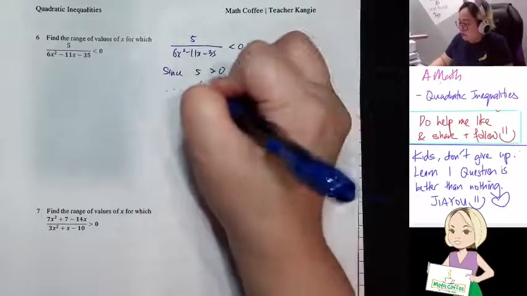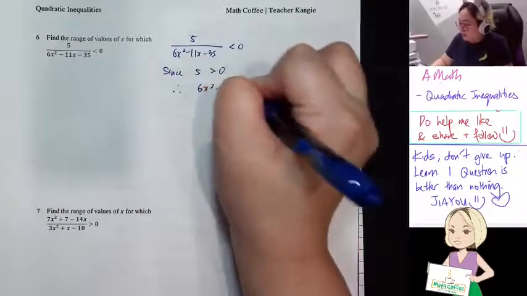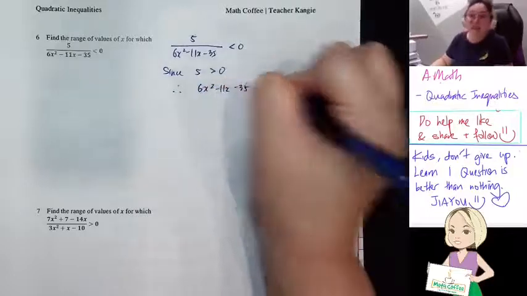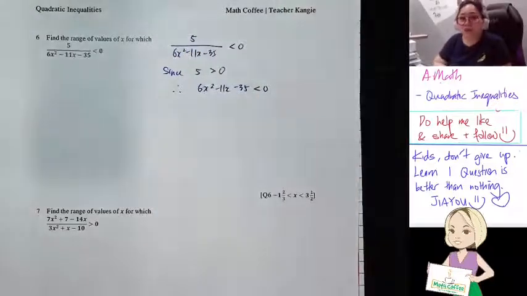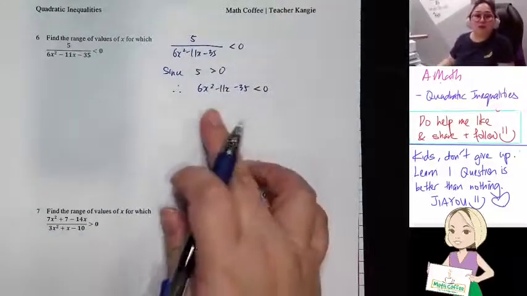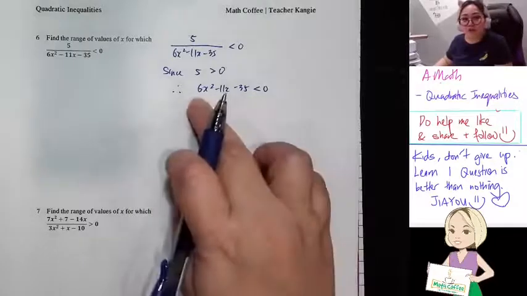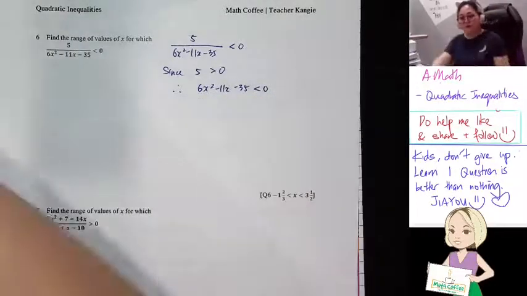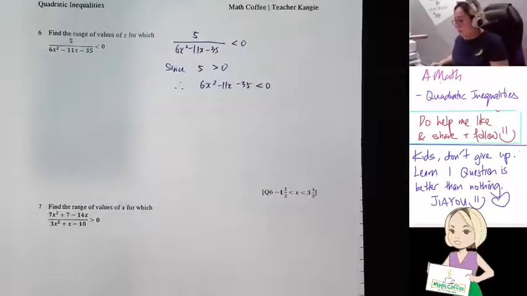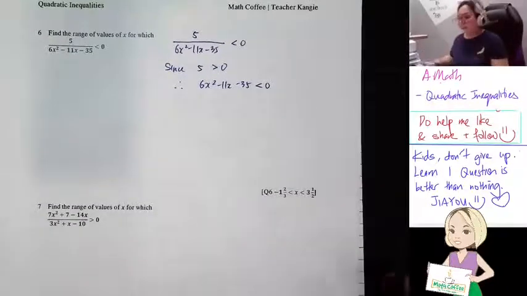So therefore, my 6x squared minus 11x minus 35 must be less than 0. Then the whole thing will be less than 0. Agree? So in other words, I only need to focus on finding the x range that fulfills this inequality. You understand? Got it? You get how I do the reasoning?